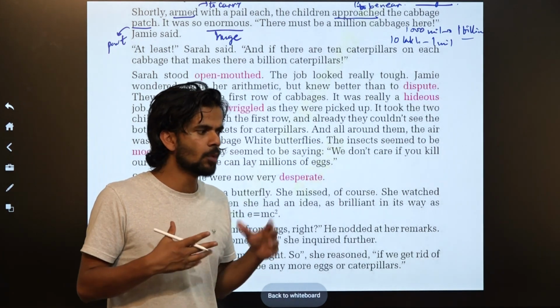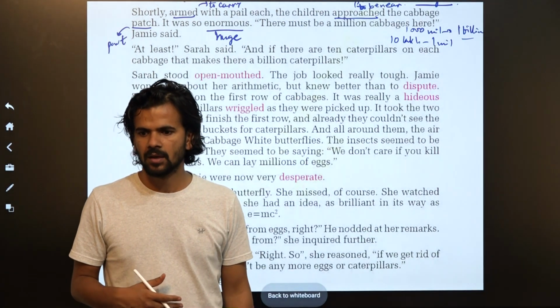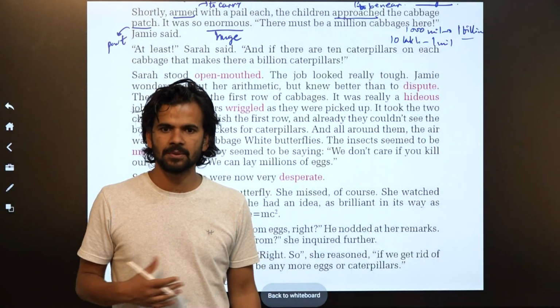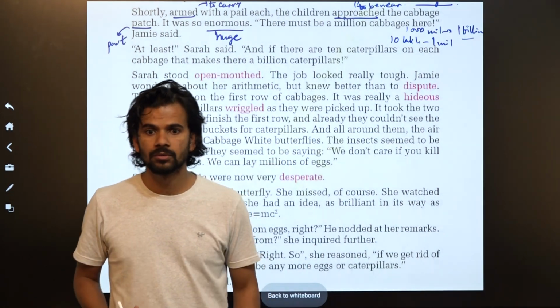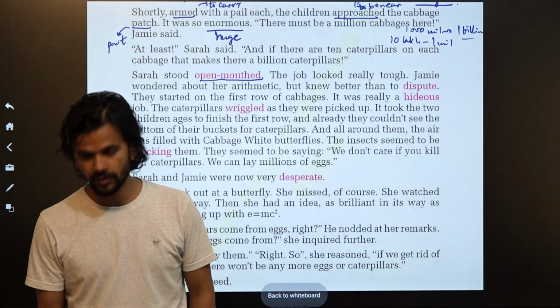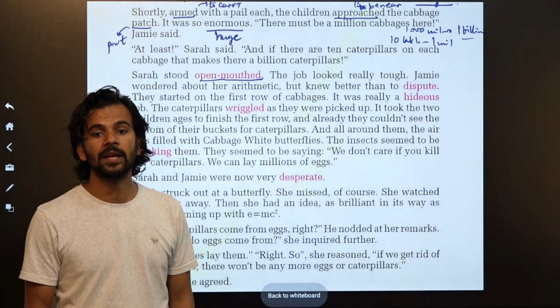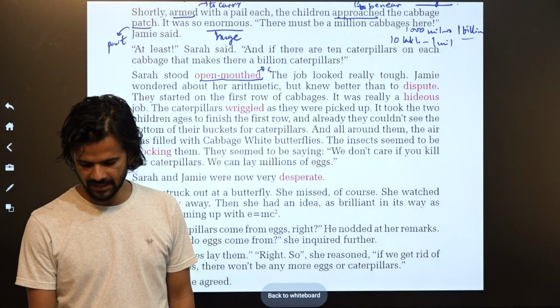More than expected. Beyond all the expectation that you had. Beyond all that you had anticipated. Beyond all that you had thought. It's so huge. She's open-mouthed. So do you understand open-mouthed? To be extremely surprised.